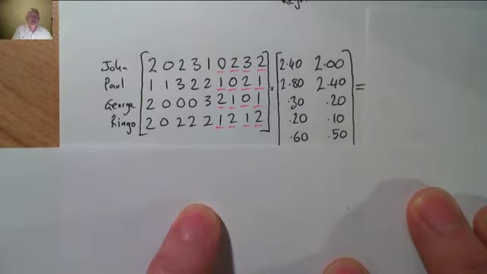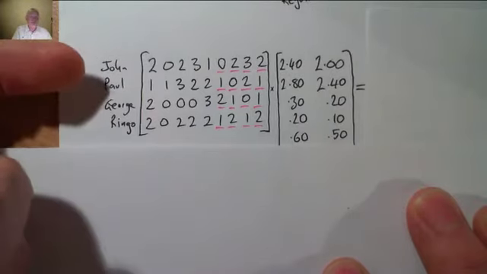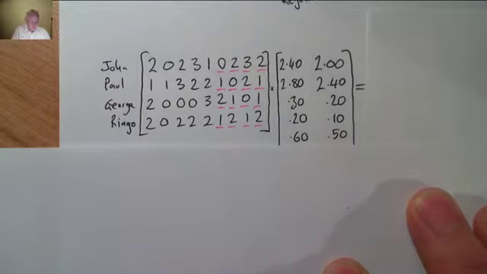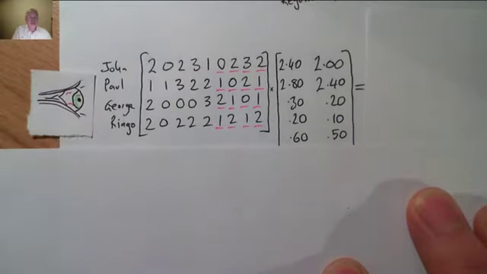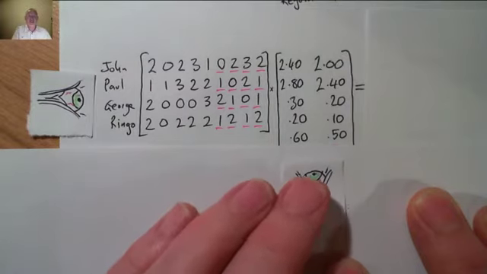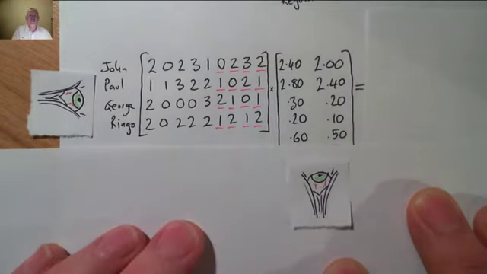Now this matrix still makes sense because it's got 4 rows like it had before, and if I was to guess what the answer would look like, I'd guess it's going to have 4 rows and 2 columns in the final solution.